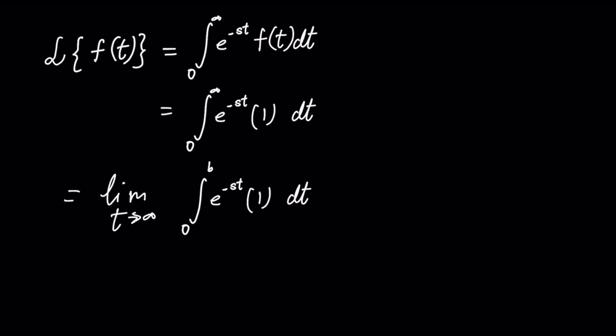This allows us to evaluate the definite integral over a finite interval first, and then take the limit as the upper bound b approaches infinity to ensure convergence. Now we are going to perform simple integration of the exponential function.